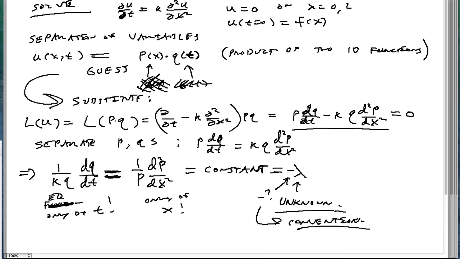So here's the big leap forward: we postulate that our solution is going to be a product of these two univariate functions, and we get this neat relationship where we can separate out the p and q from each other and set them equal to a constant.